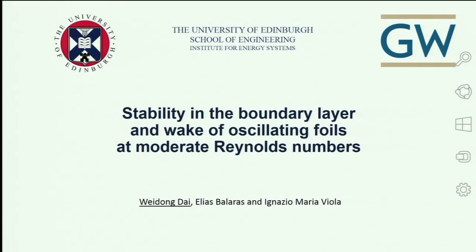Hi, my name is Weidong Dai, and my topic is stability in the boundary layer and wake of oscillating foil at moderate Reynolds number. It is a collaboration between myself, my supervisor Dr. Viola, University of Edinburgh, and Professor Ballaras from George Washington University.